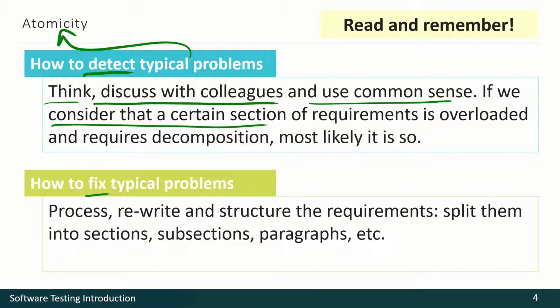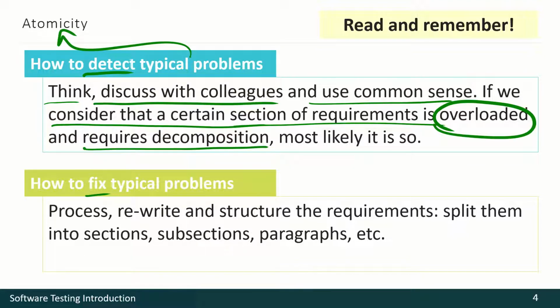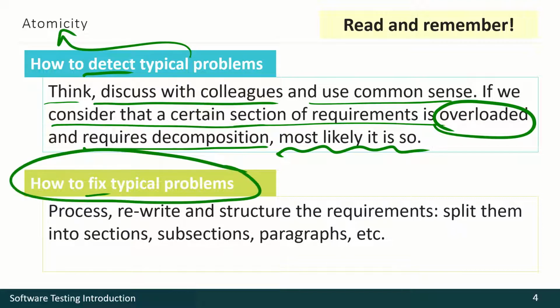If we consider some section of the requirement to be overloaded with information and we think it requires decomposition, most likely it is so. Thus, nothing prevents us from creating another version of the requirement and comparing this newer version to the older one. And then we will proceed with the version we like most.